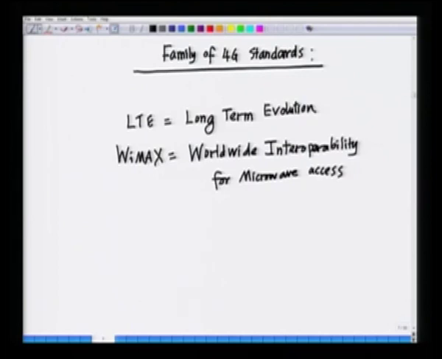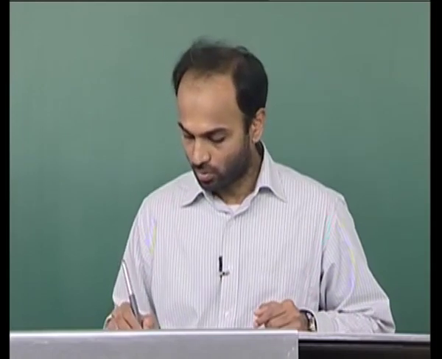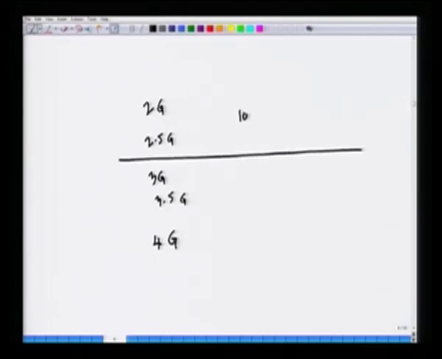This is the family of 4th generation wireless standards. So, to briefly recap, we have 2G, 2.5G, 3G, 3.5G and 4G wireless systems. These are roughly around, let us say, 10 to 100 kbps.